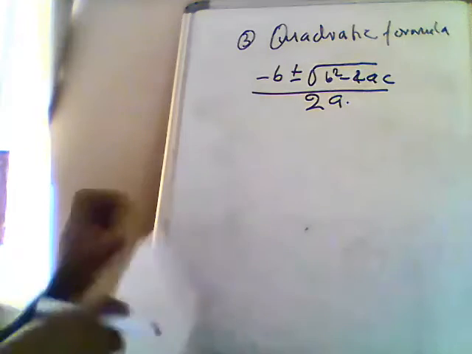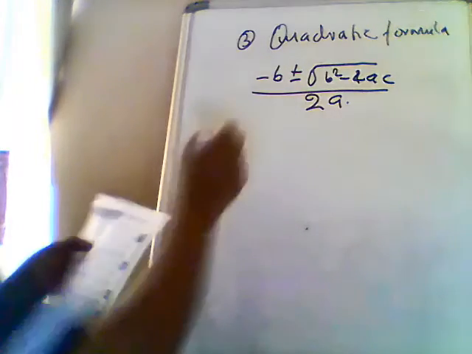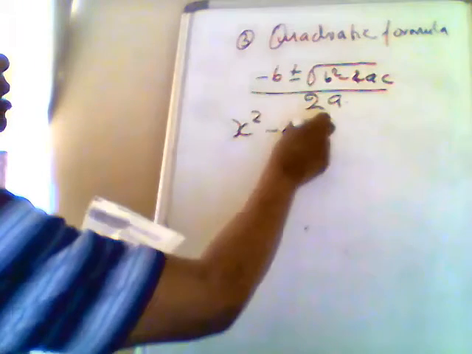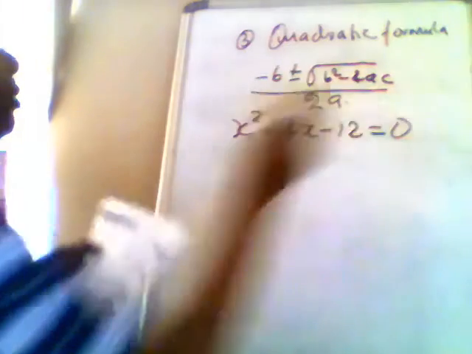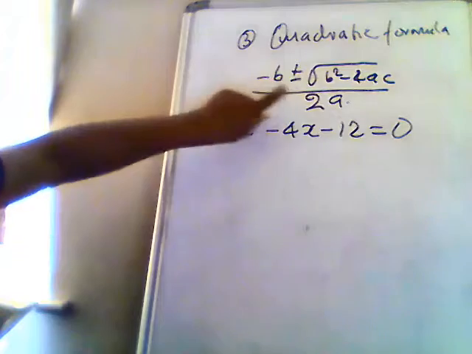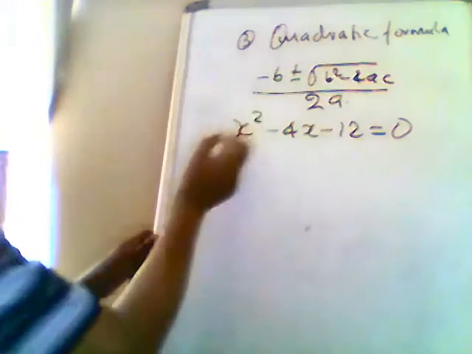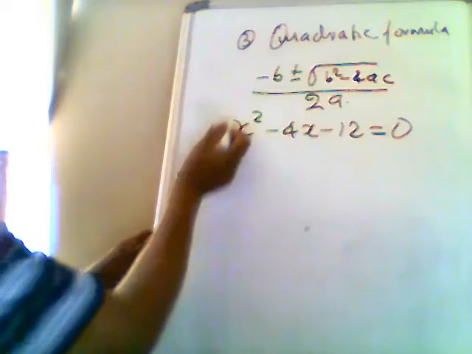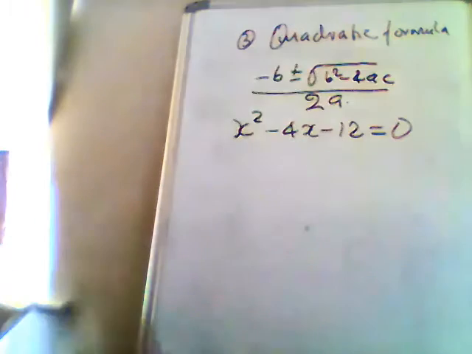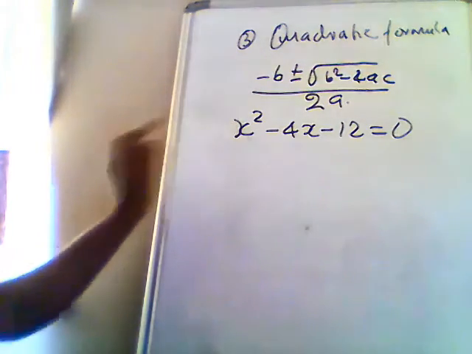Let's take the same question that we have had, which is the past paper exam question, x squared minus 4x minus 12 equals 0. So what is a? A is the coefficient of x squared. There's a number before x squared. This one here is 1, but because we don't write it if it's 1, our a here is 1.